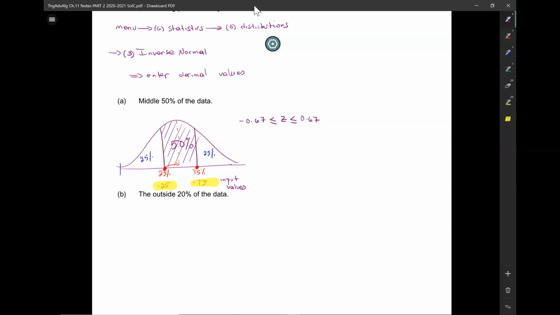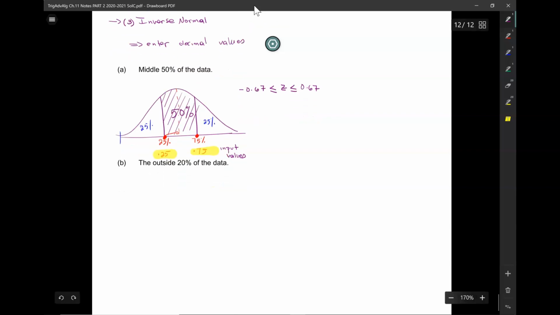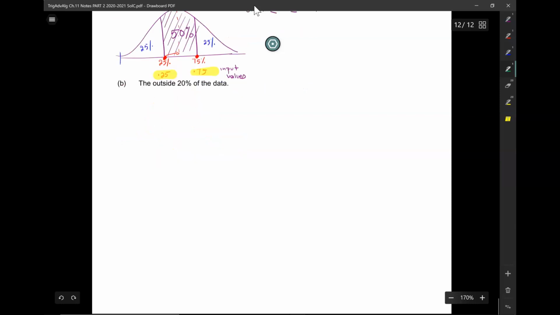Now, because we were looking at how much is in the middle, in that bounded area, this is a bounded inequality. Less than or equal to, less than or equal to, right? Because my boundary goes towards each other like that.